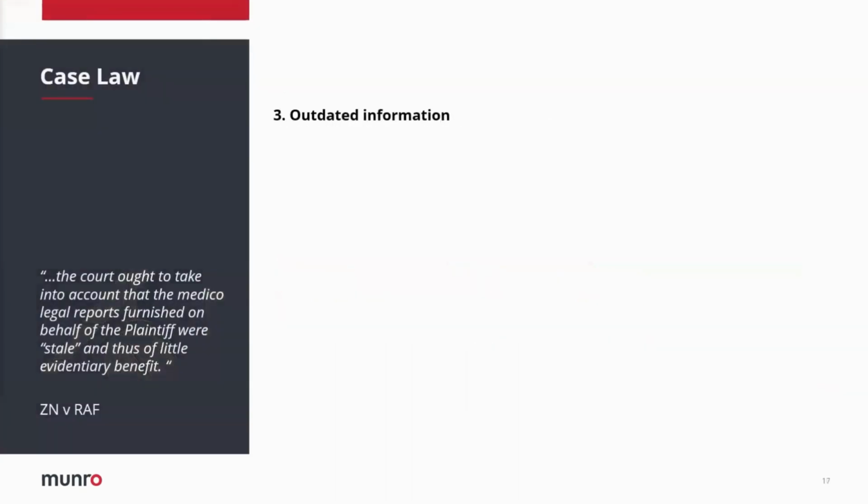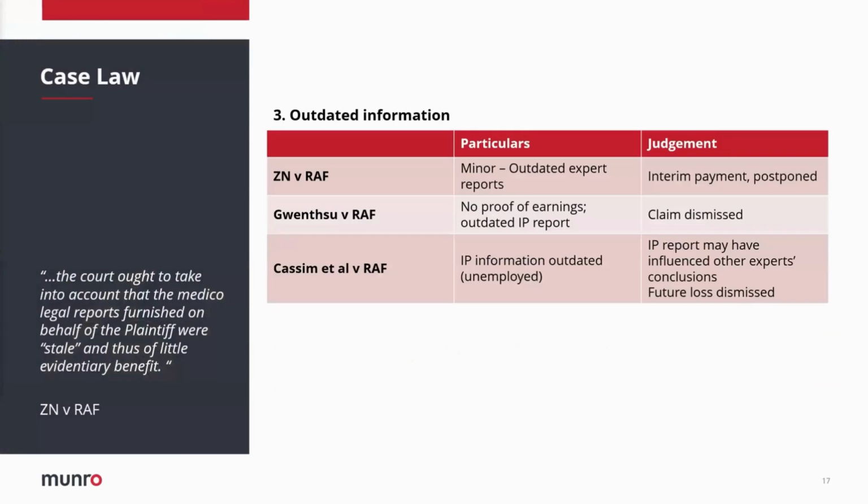In terms of outdated information, we've now bumped into a couple of cases where there were rulings where outdated information really had an impact on the damages awarded. In ZN versus RAF, the expert reports were outdated.